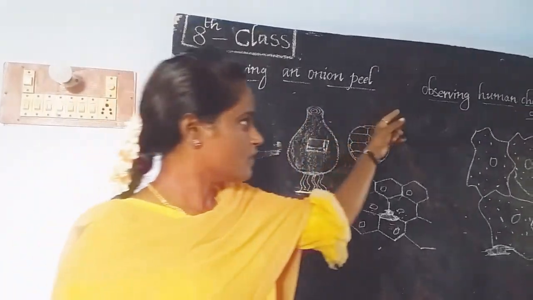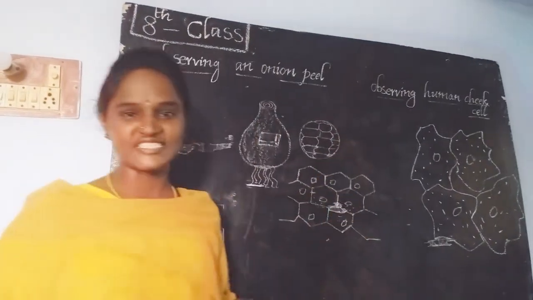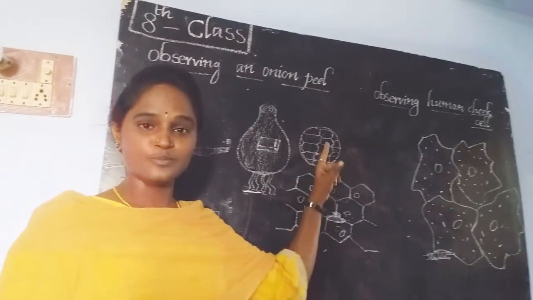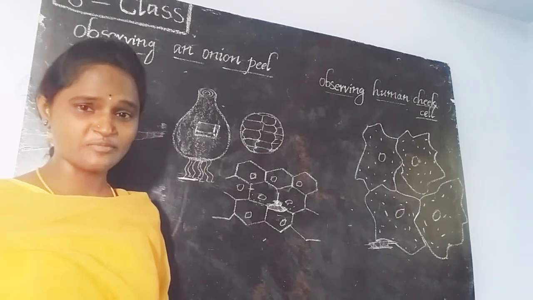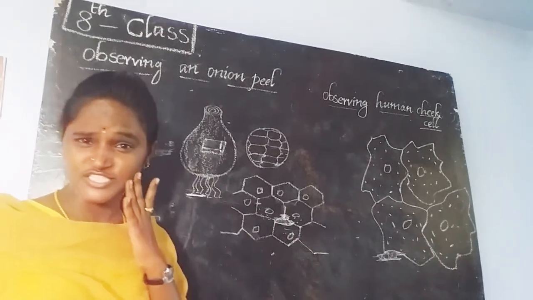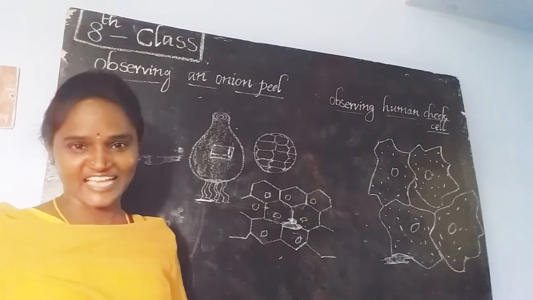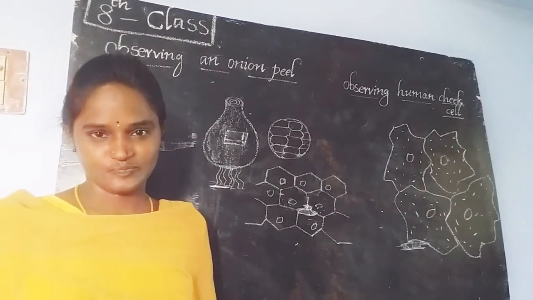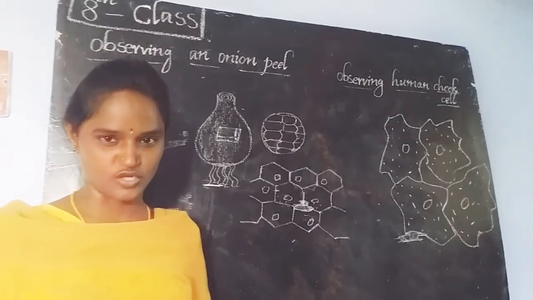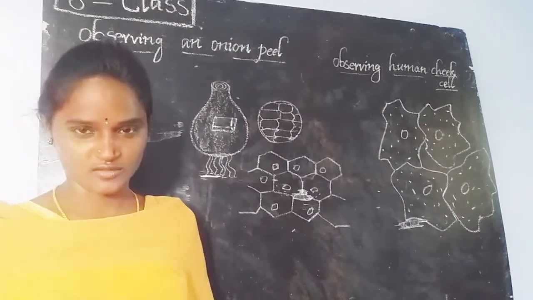See here children, observing human cheek cells. What is the next topic? Observing human cheek cells. By listening to this, you won't imagine that we are not going to cut our cheek. For this activity, you need an ice cream spoon, a wooden spatula or a plastic spatula.